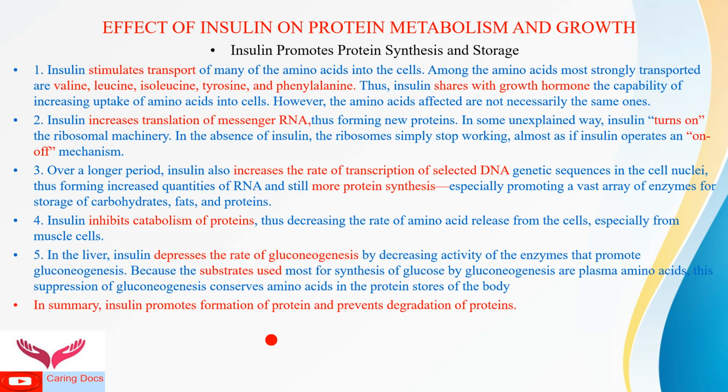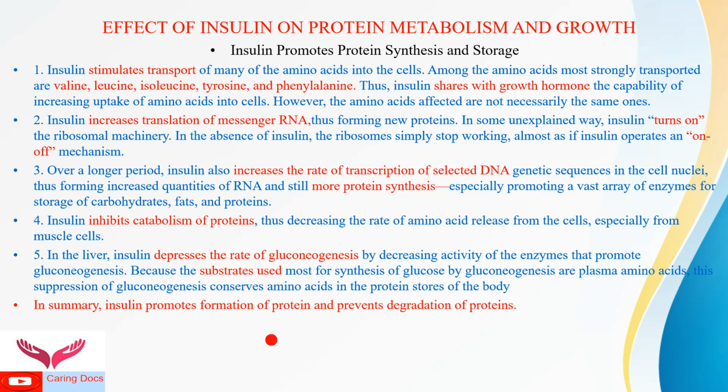Insulin basically increases the translation of messenger RNA, and it leads to formation of new proteins. In some unexplained way insulin turns on the ribosomal machinery, and in the absence of insulin the ribosomes simply stop working, so if insulin is deficient there may be decreased synthesis of protein. Over a longer period of time insulin increases the rate of transcription of selected DNA and leads to more protein synthesis.